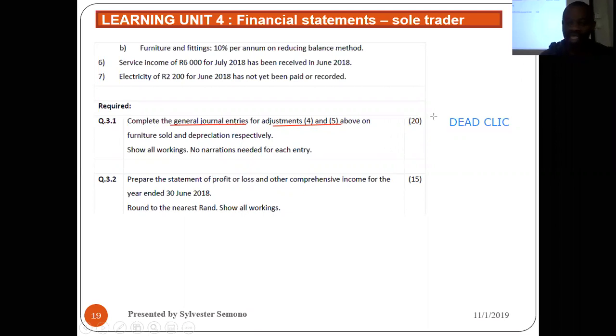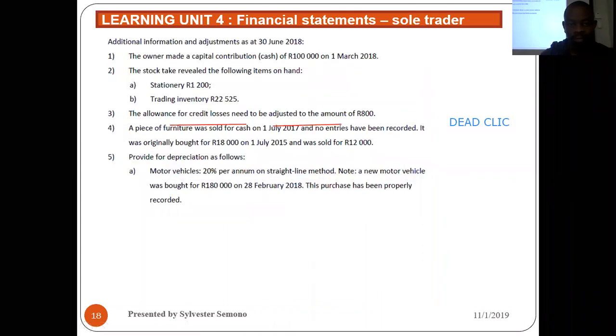But we must first analyze the information. Okay, they said 4 and 5. Let's look at the 4 and 5.